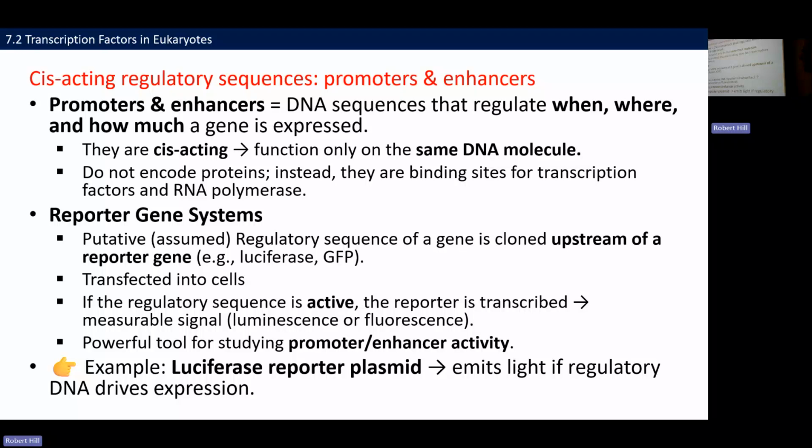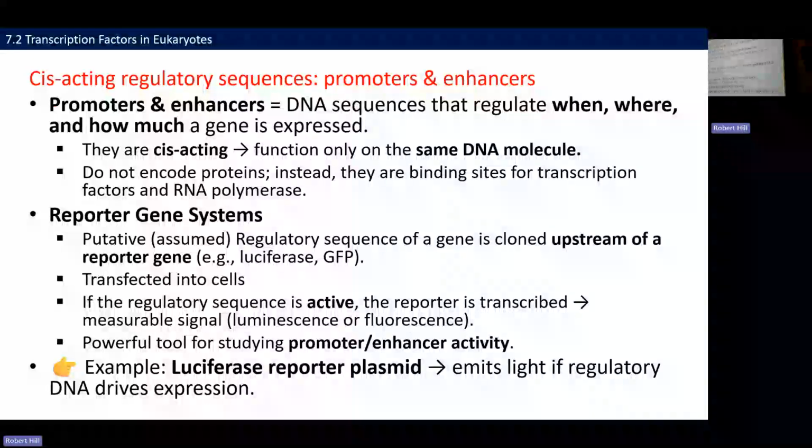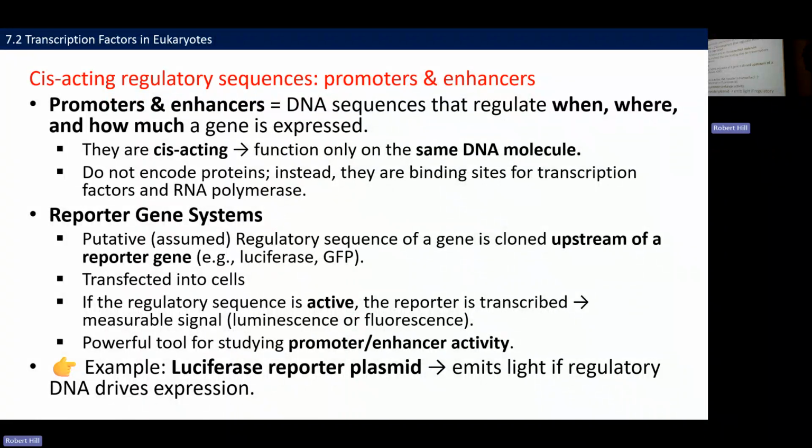So, could you have trans-acting regulatory sequences in prokaryotes, for example? Why not? Okay. Is one chromosome. Yeah, so you don't have more than one chromosome in bacteria. So all regulatory elements are considered cis.